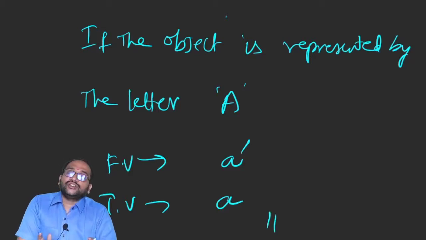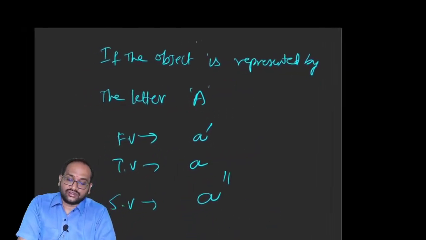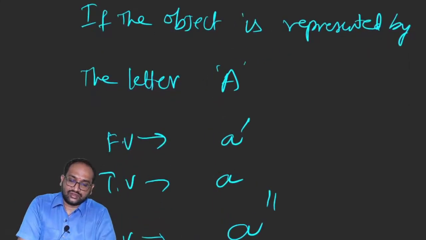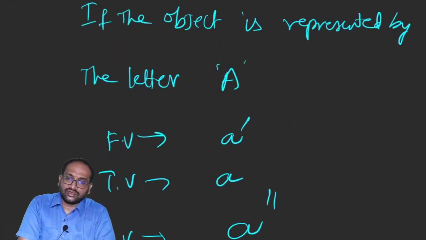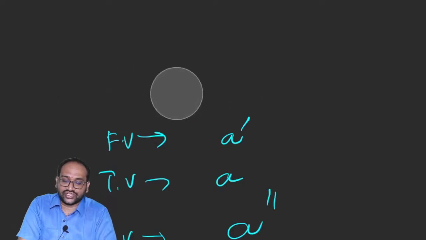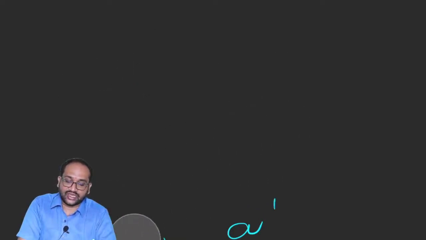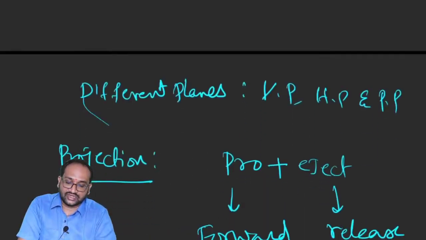Okay, if the object is represented by the letter A, front view is small a dash, top view is small a and side view is small a double dash. So these are the standard notations. We are following these notations as per BIS, Bureau of Indian Standards.